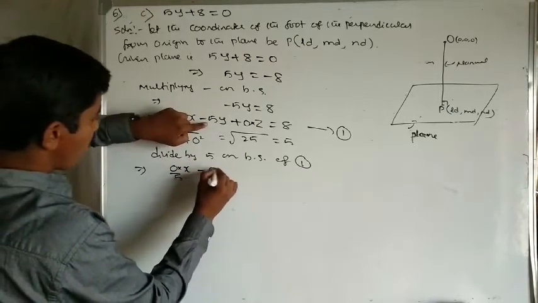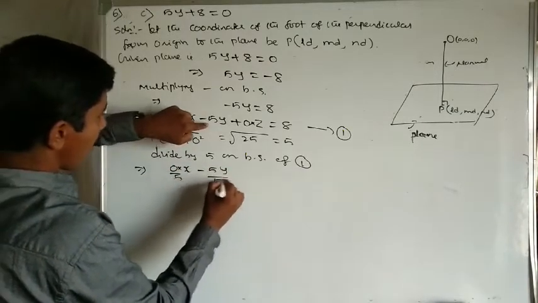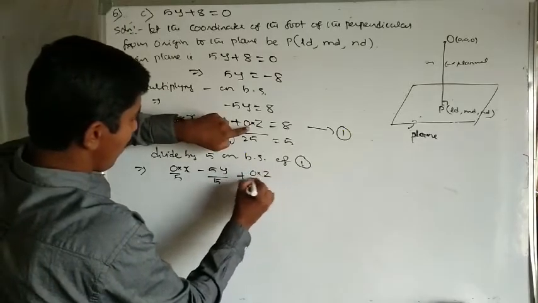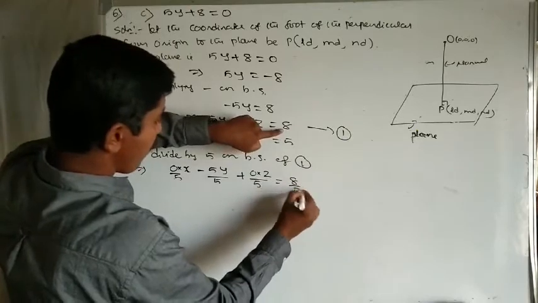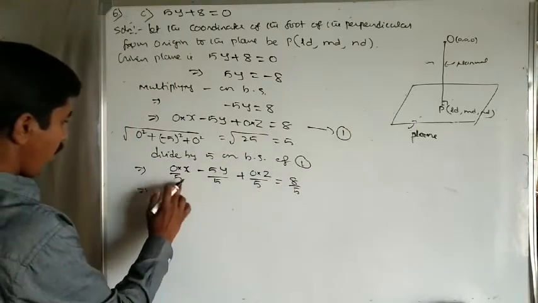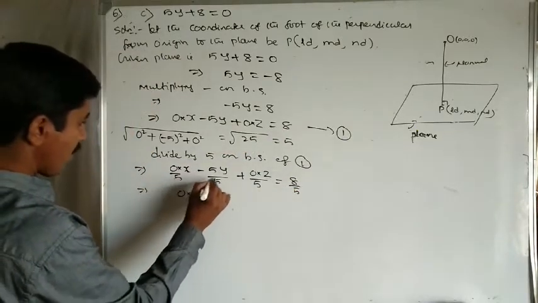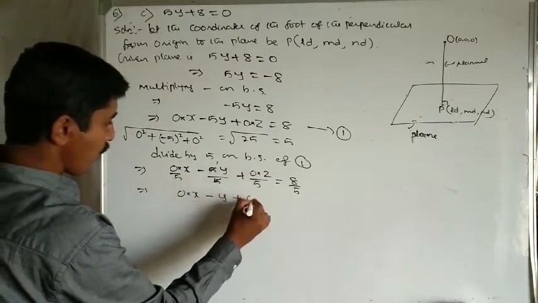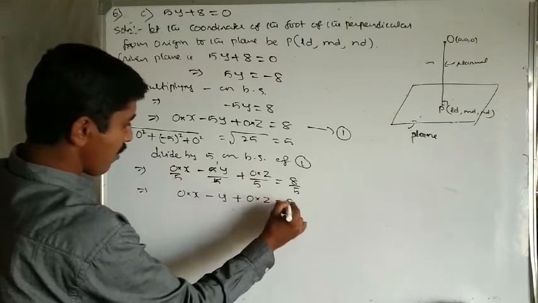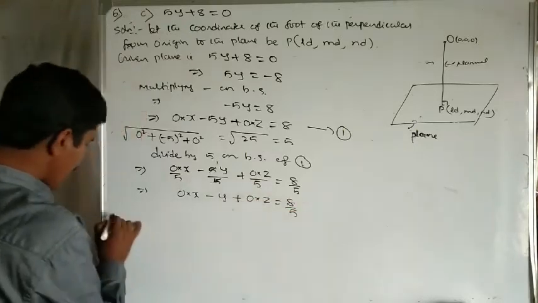Next minus 5y divided by 5 plus 0 into z divided by 5 is equal to 8 by 5. So 0 into x, minus y, 0 into z is equal to 8 by 5.